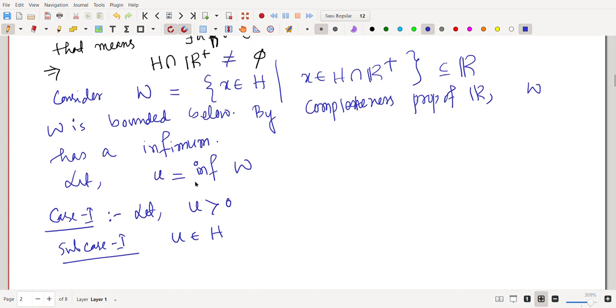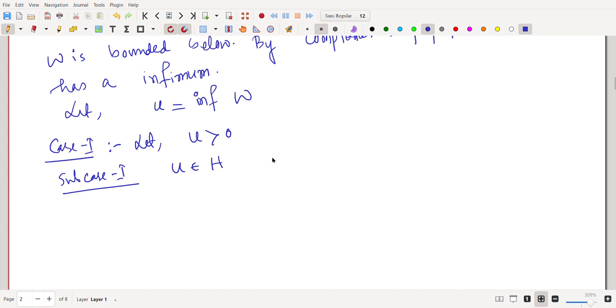I am taking the infimum, so it might happen that the infimum is inside that set, or it might happen that it is not inside that set. So two cases are possible. I am first assuming that the infimum is inside that set. Then what is happening?